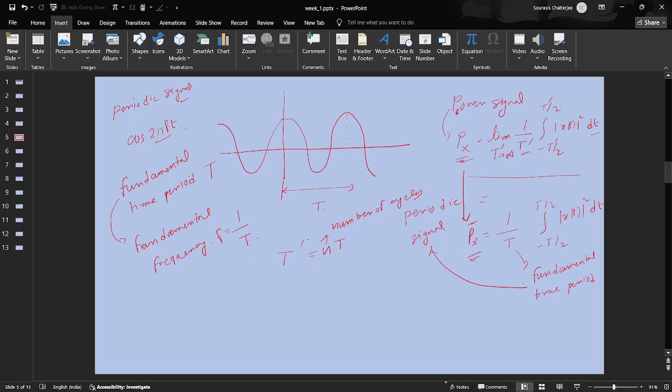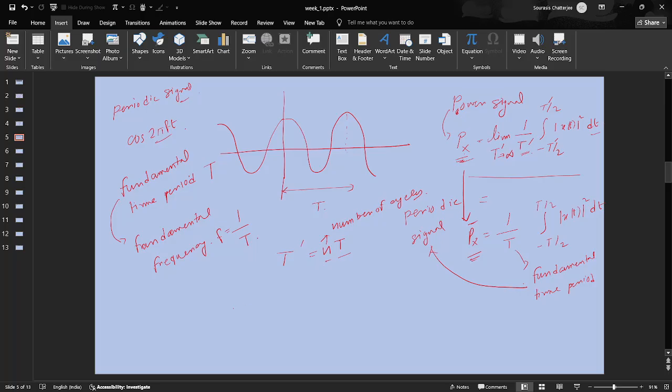So if t dash tends to infinity, that essentially means t dash is long enough, then for a periodic signal exclusively, we can write it as n times the fundamental period, where n is some number of cycles, some finite number. So can we infer anything from that?